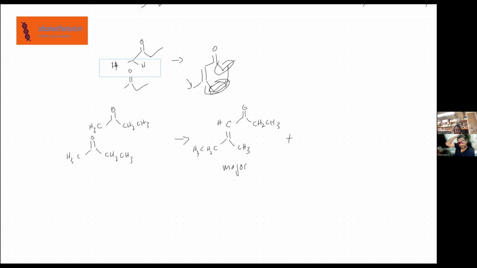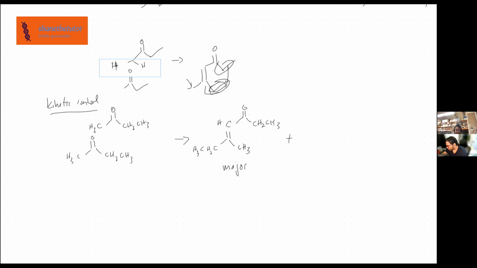You can see there's less steric hindrance here because this group and this group are far from each other, right? So this will be the major product, and this is kinetic control.